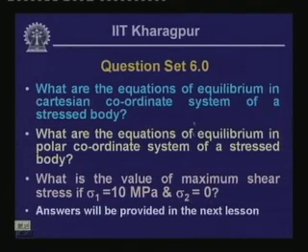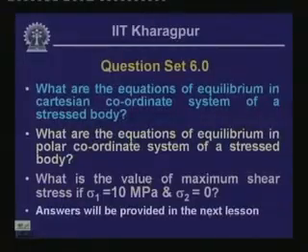Now, you will not necessarily get these answers from this particular lesson alone, but looking into all the lessons that have been discussed on analysis of stresses, try to look for the answers. I will give you the answers to these questions in the next lesson.